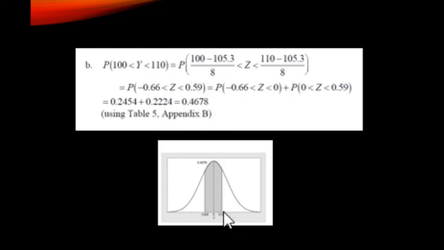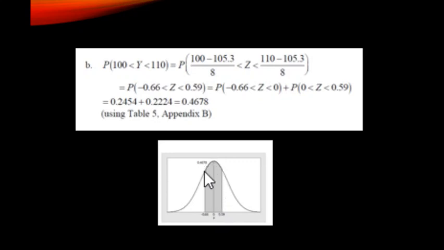Now, if you look at how this will show on the normal distribution, this is 0, where the center is, negative 0.66 on the left hand side, and 0.59 on the right hand side. The table gives us, if you locate 0.59, this area.